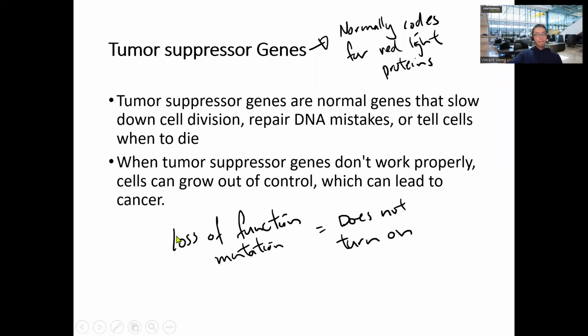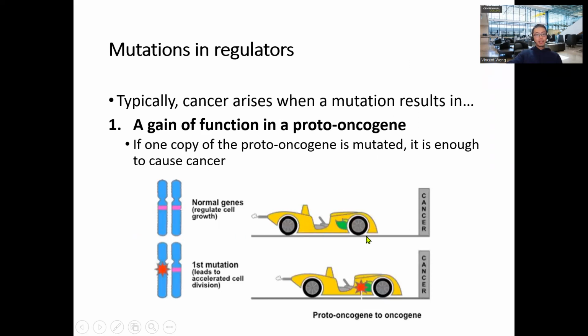So remember, we have two sets of chromosomes, one set from mom and one set from dad, right? And here is the normal gene, and you will have two copies of a proto-oncogene. In the same way, you have two copies of the tumor suppressor gene.